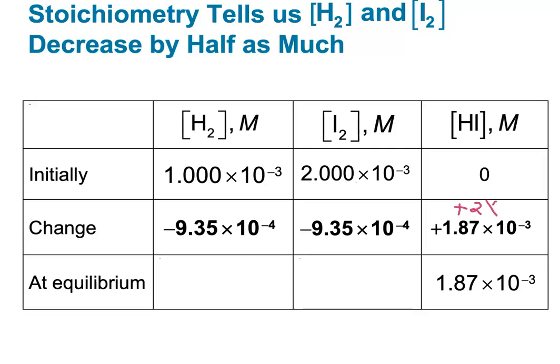This is plus 2x. So the 1.87 times 10 to the negative 3 actually represents 2x. If we were to put the change in, this would have been minus x, and this would have been minus x.